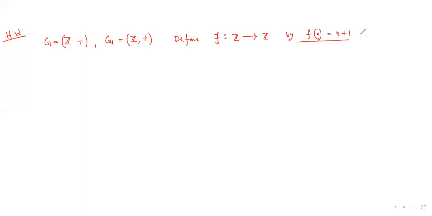Suppose I'm considering G to be Z plus, where Z is the set of integers, and G1 to be Z plus. Same thing. Define f from Z to Z by f(n) equals n plus 1.